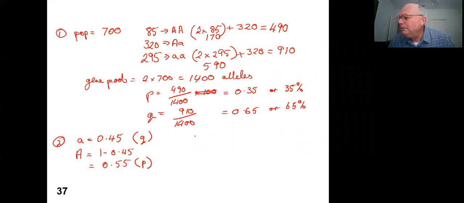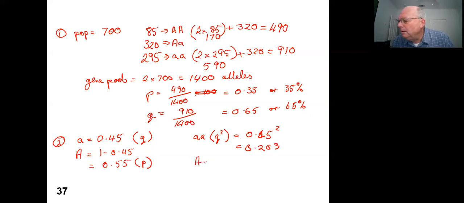So little a, little a, or Q squared equals 0.45 squared, which equals 0.203, rounding the numbers.